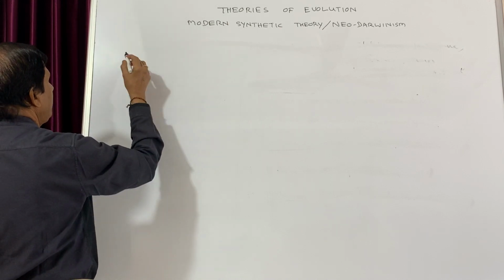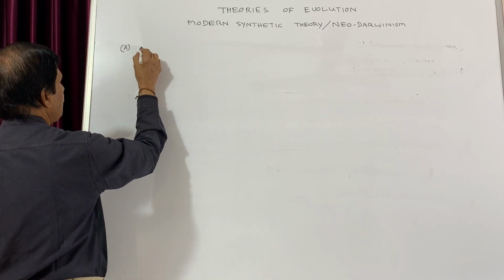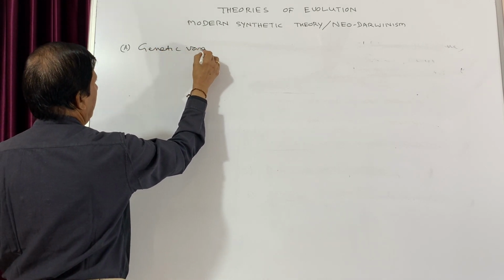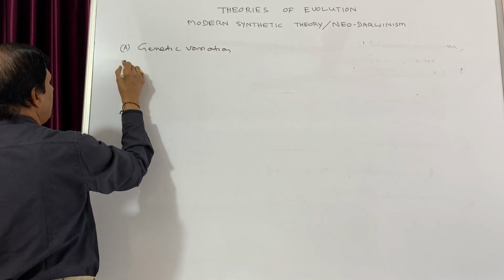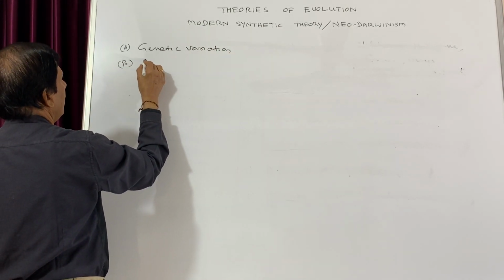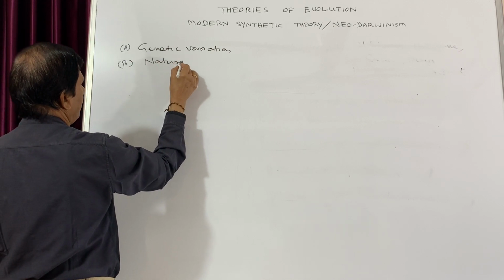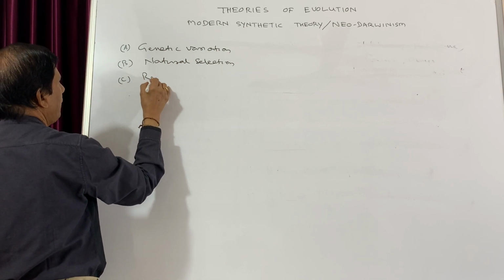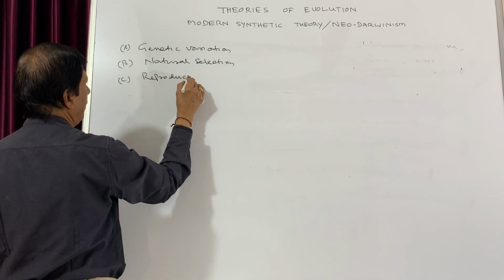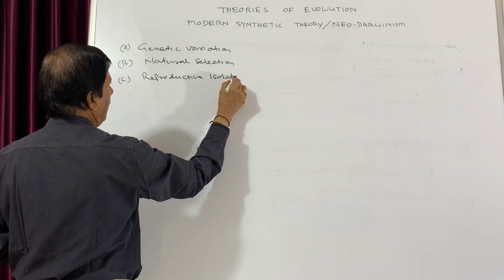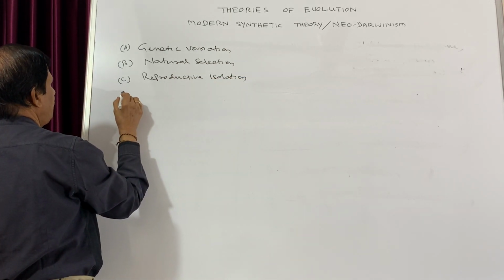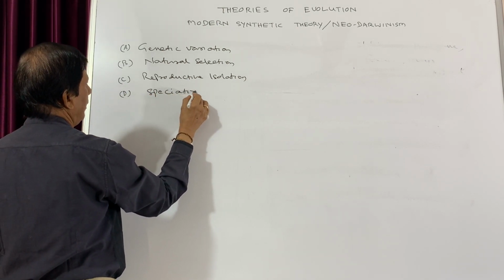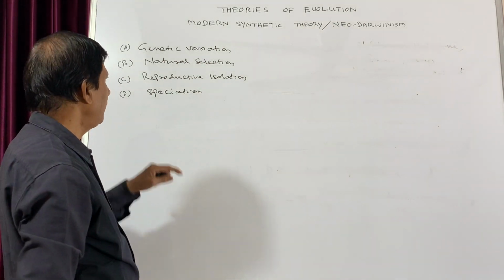That means the modern synthetic theory can be discussed under these headings: the first one is genetic variation, the second point is natural selection, the third point is reproductive isolation, and the fourth point is speciation.